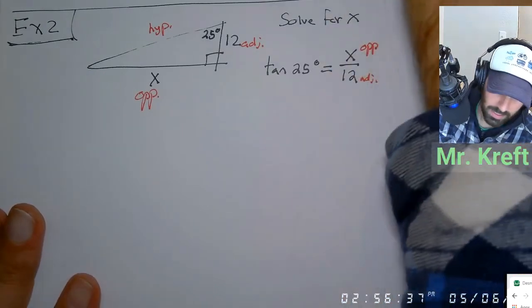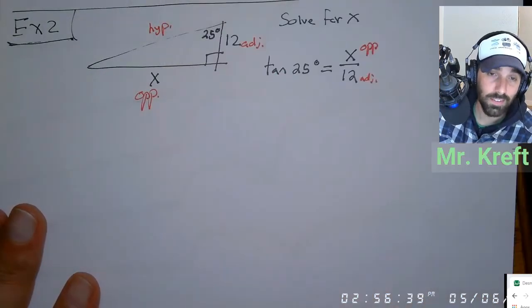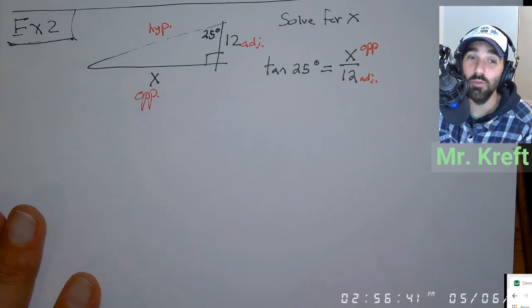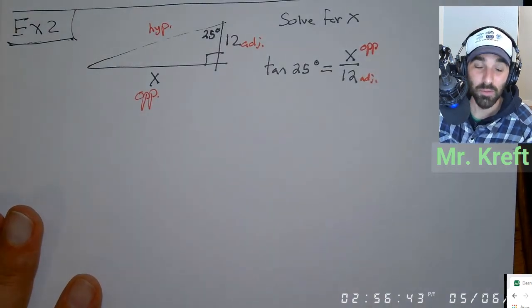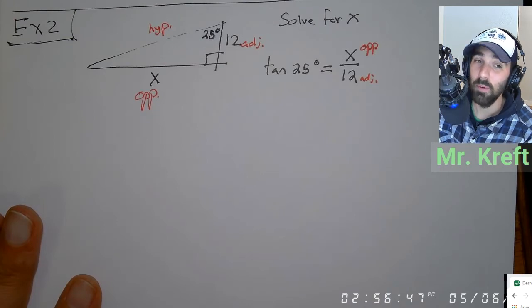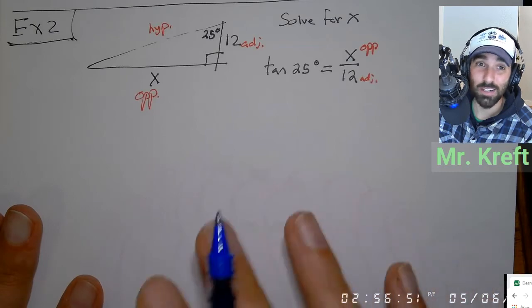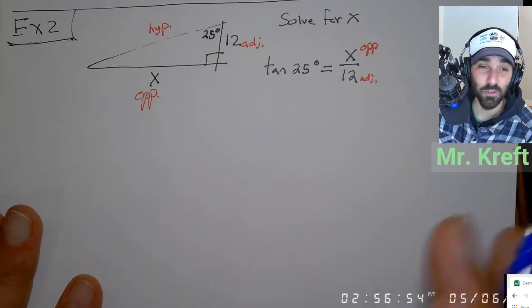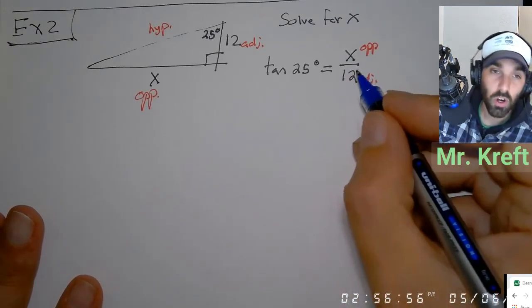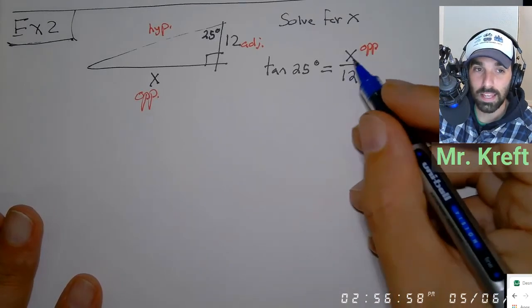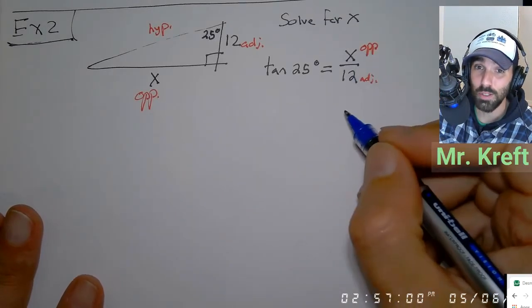Now, solving this is going to be different than solving the other one, which is why you don't memorize how to solve these, because there are lots of different scenarios that come up, and memorizing it won't help you. We're just starting in trig, and there are so many different possible things. All you have to do is figure out where my x is. My x is on top, which is really good.